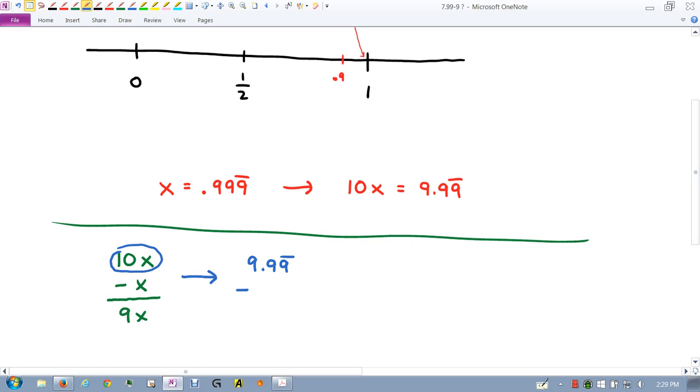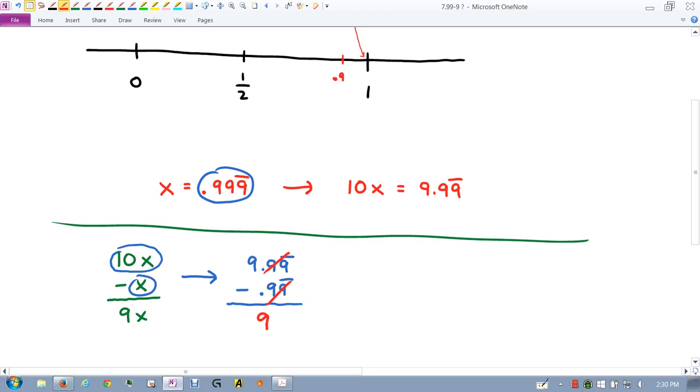Take away from that X, which was 0.999 forever. What happens if you take 10X and subtract from it X? The 0.999s forever cancel each other out, and you're left with 9.